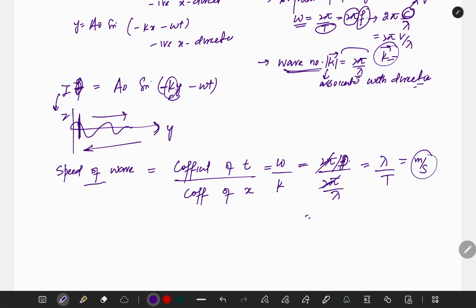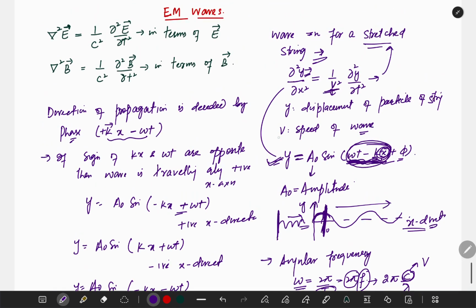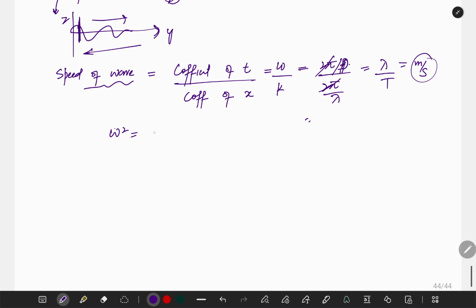If you're not satisfied with this, here is a homework: put this solution in the wave equation. When you solve it, you get omega square equals v square k square.